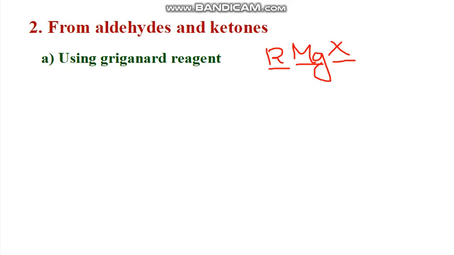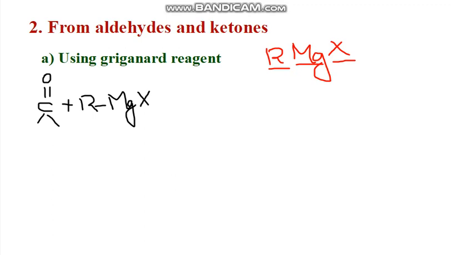Now let's see the reaction of this Grignard reagent on aldehydes and ketones. Generally, we can write the aldehydes and ketones as C double bond O, isn't it? In both aldehydes and ketones, there is a carbonyl compound. To this carbonyl compound, the Grignard reagent RMgX is acting.